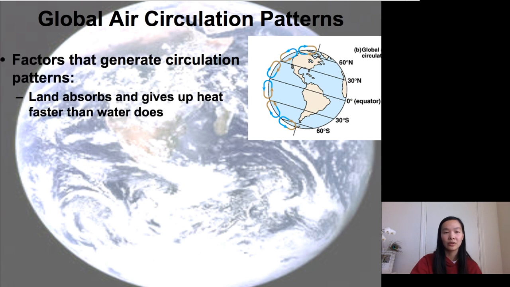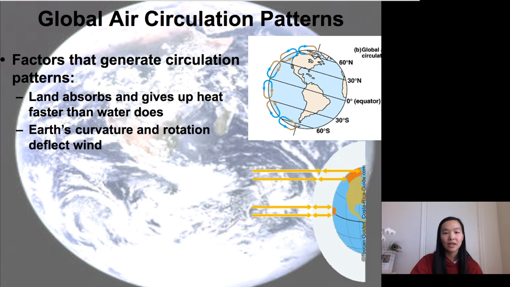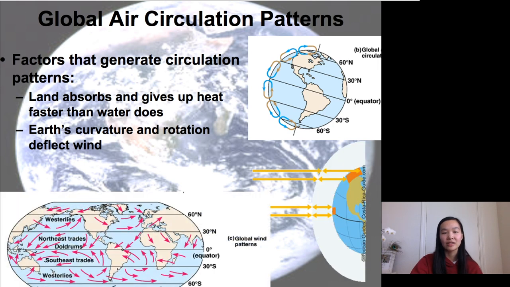across the globe. We already talked about how land absorbs heat faster. The other thing is that the Earth is spinning, and different parts of the globe are spinning faster than other parts.